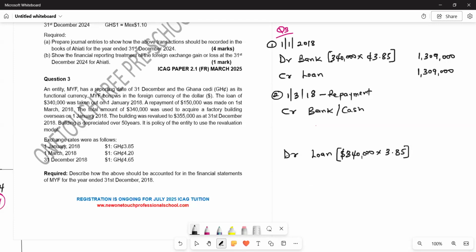And because of the movement, we are paying the same $150,000 at a rate of 4.2. The repayment is part payment, right? Yes, please.